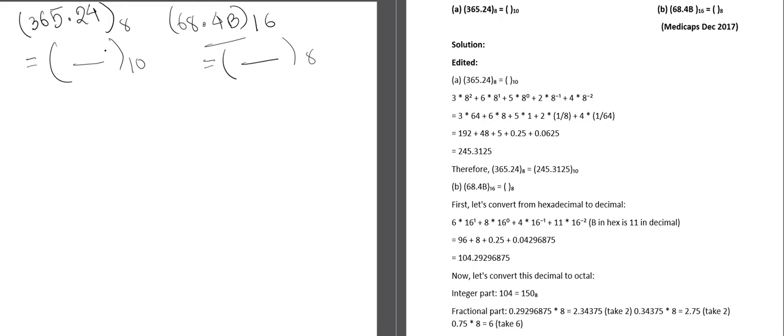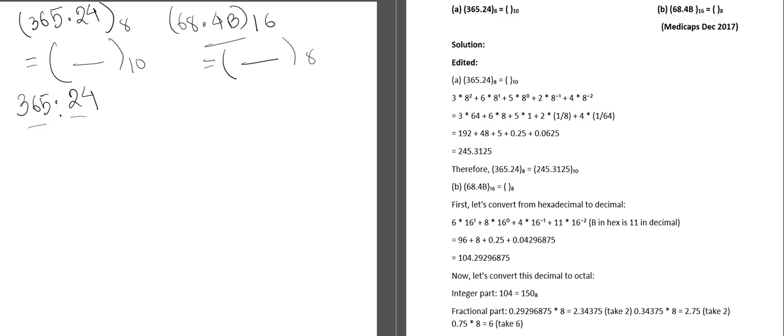In order to convert an octal number into a decimal number, we need to learn about the concept of positional weights. Now what is a positional weight? Suppose for this number 365.24, we need to first notice where the decimal point is located. In this case, the decimal point is located between the 365 and 24.